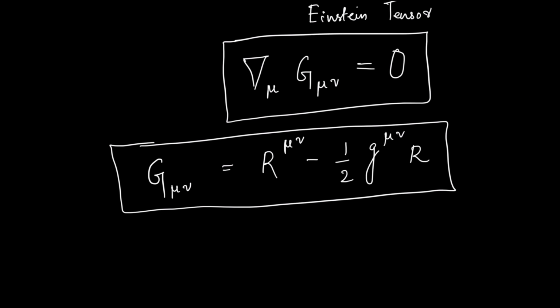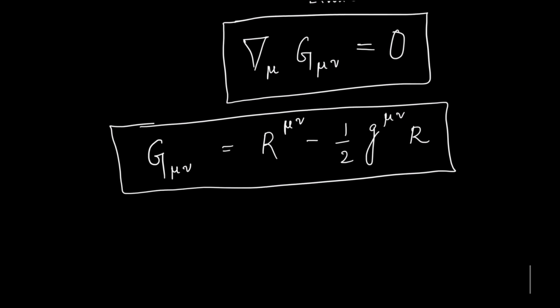So this is the tensor that I am going to equate with the energy momentum tensor. The Einstein tensor is a form of curvature tensor, because it has the Ricci tensor and Ricci scalar.